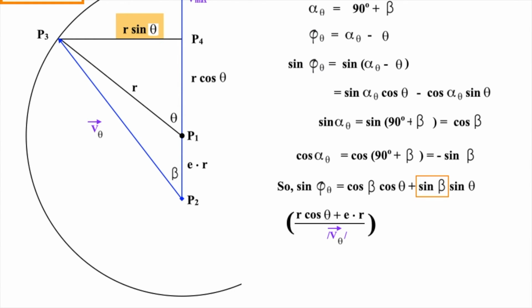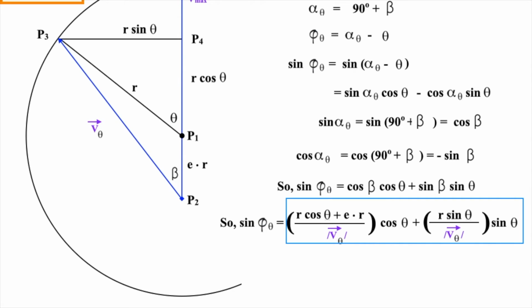It equals r sine theta over the absolute value of v theta, and we insert that expression down into the next line. We insert cosine theta and sine theta into their respective positions in the new line. And we see that sine phi is equal to the expression on the right-hand side.